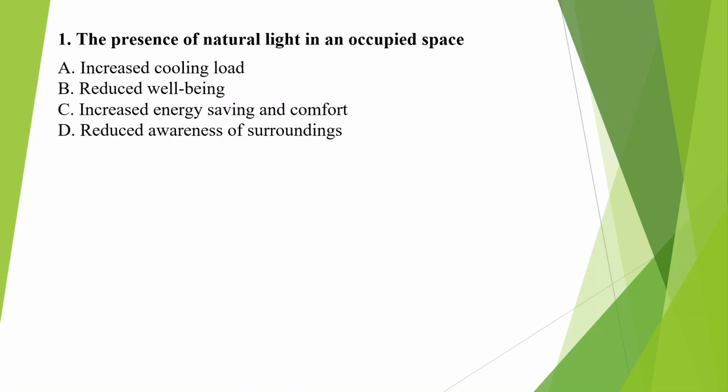The other options mentioned, like awareness of surroundings, are not correct; natural light reduces dependence on artificial lighting, and thereby contributes to the energy saving. So option C is the correct answer.